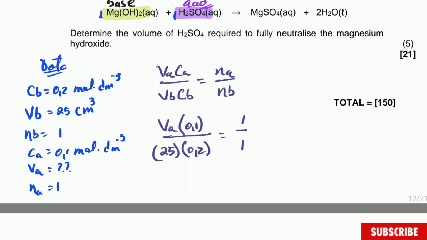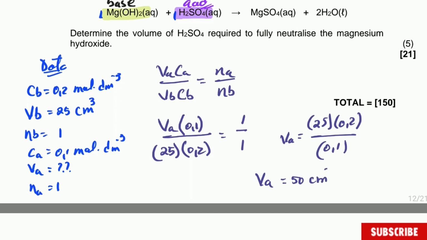So now here, guys, this is just a simple method. When you solve, VA is equal to 25 multiplied by 0.2 divided by 0.1. And the volume of the acid, when you do that very simple calculation, is going to be equal to 50 cubic centimeters. And this is the final answer of this amazing question paper to practice for June.